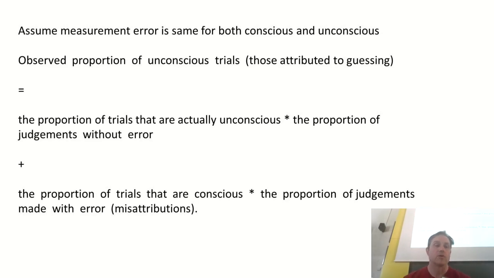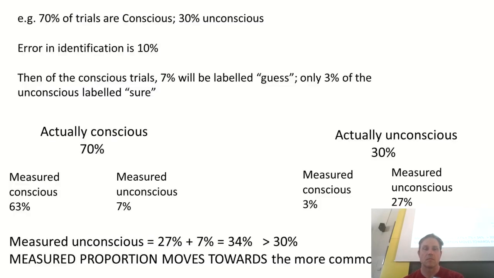So what we can do is take this sort of simple model where there's an X% error that will apply to both conscious and unconscious. And then you can see that the measured proportion of unconscious trials depends on that error, in this case 10%, times the number that are actually unconscious.